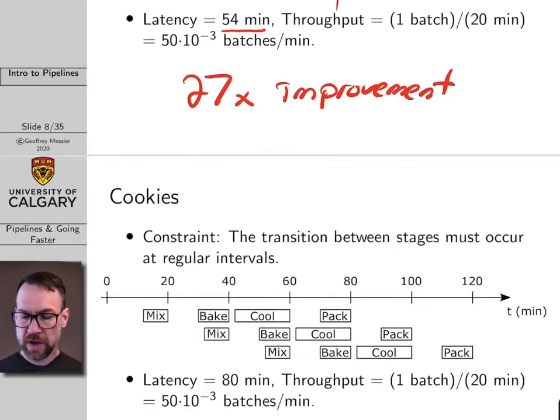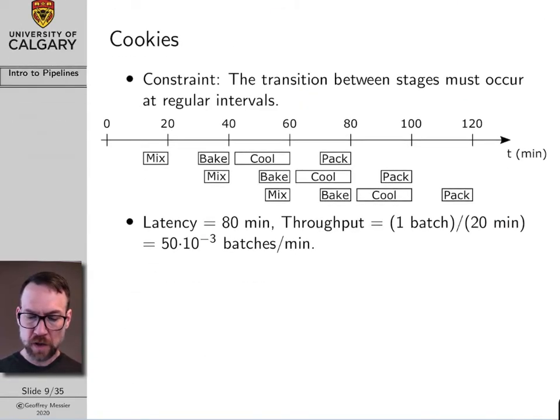And so the final version of our design is going to be one where we spread things out a little bit in order to make sure that our transitions between stages occur at regular intervals. And probably you can understand why we're doing this, right?